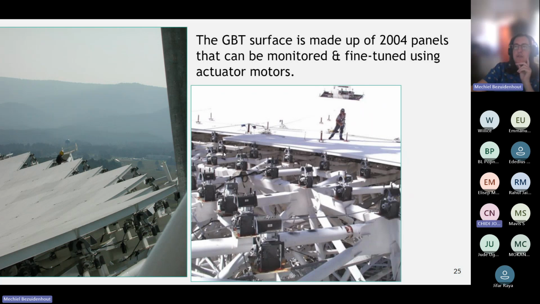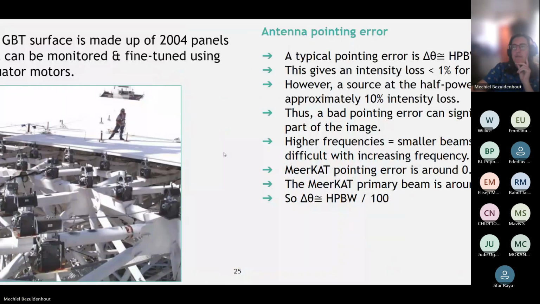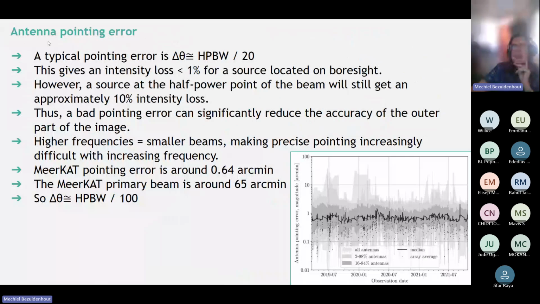Another important factor when you're talking about radio antennas is the pointing error. Especially with a big single dish telescope, it's very difficult to make sure that the telescope is pointing exactly where you want it to be.